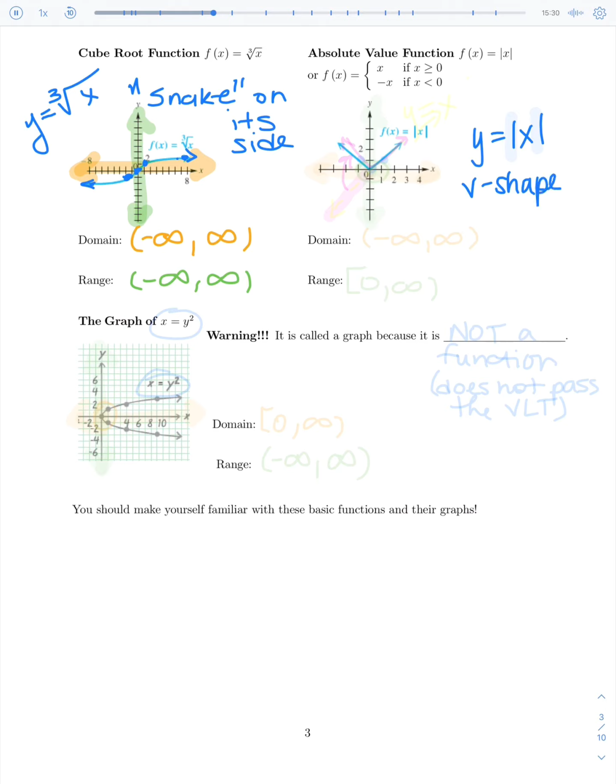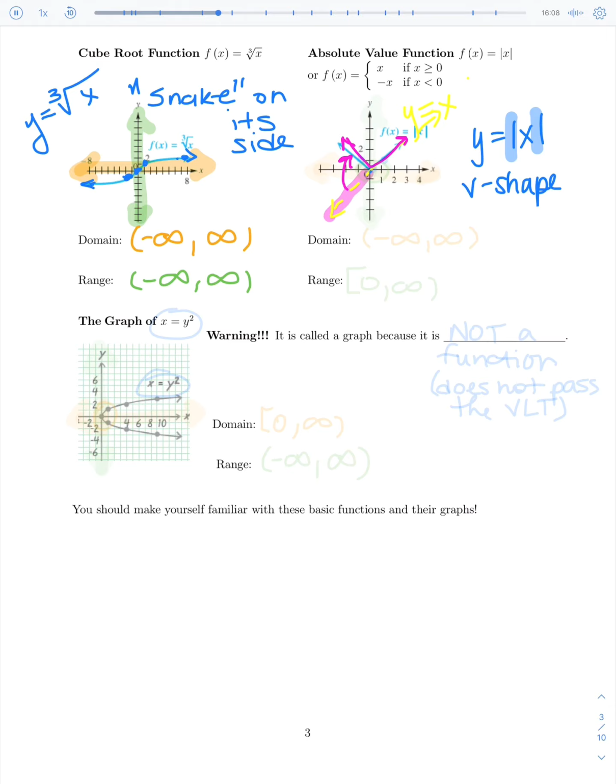The idea with the V shape is it's kind of like a take on the line y equals x, which is the line going through the origin with slope 1, and all that does is what the absolute value does, which is, remember, the absolute value takes whatever part is negative of a graph and flips it up. So it would take the negative part, which is this piece here, and flip it up top to make it positive, which is why you end up with that V shape with the absolute value graph.